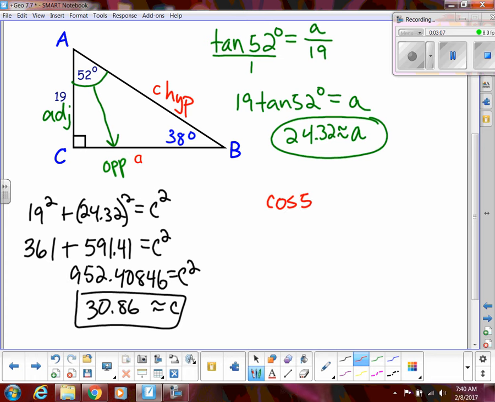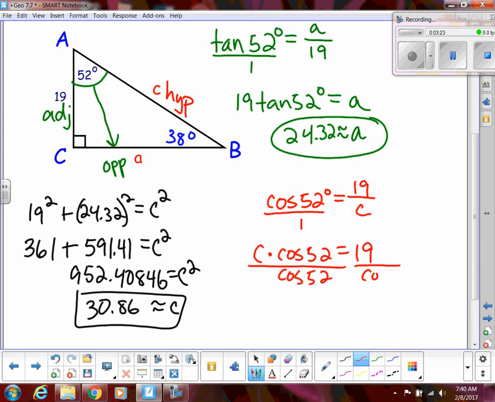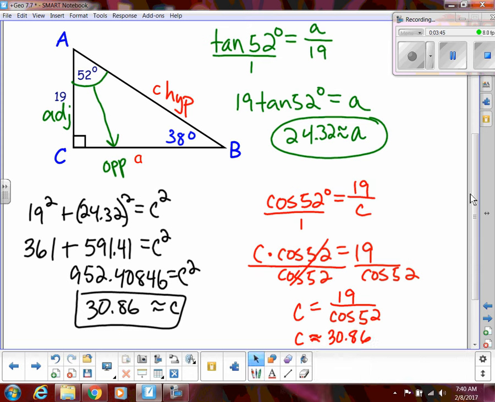So cosine of 52 degrees is equal to 19 over C. If we cross multiply, and then divide by the cosine, I'm typing this into my calculator, 19 divided by cosine of 52. So C is going to be roughly 30.86. So either way, we're getting the same answer.